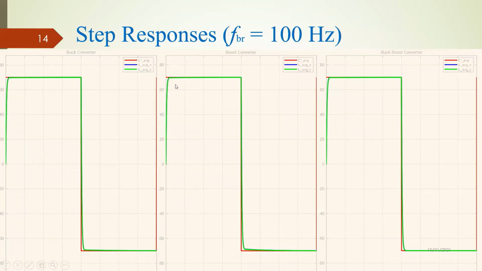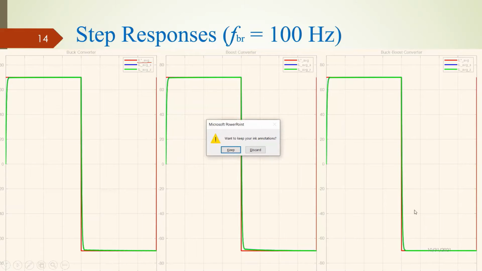So here now we have a step response. You can see here different colors, the labels or the legends. The red one is our reference average inductor current, and you can see the reference average inductor current is changed in a step format.